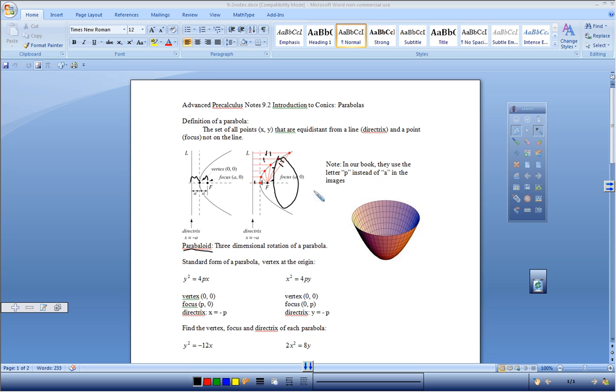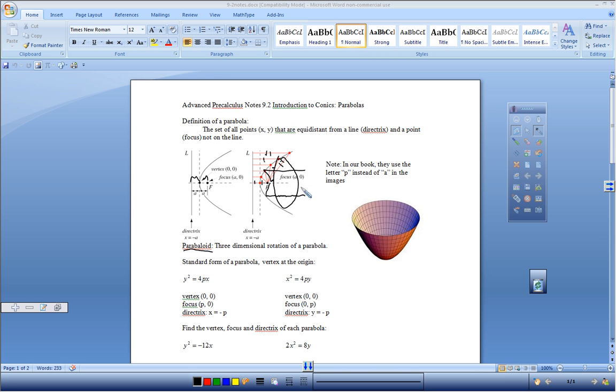And probably when you get to calculus, you will find the volume of a shape that looks like that. And the other thing that's kind of cool about parabolas, like in a satellite dish, and why they're so nice, is because if I have something coming in this way, it bounces off the parabola and it hits that point, which is called the focus.